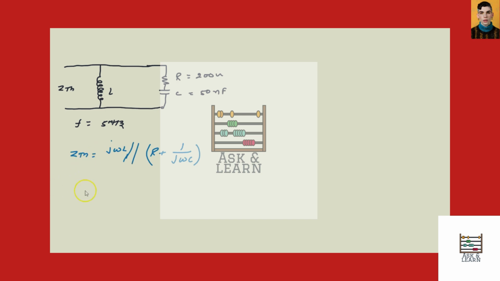It is clear? So ZTH equals A into B upon A plus B, applying the series-parallel rule.